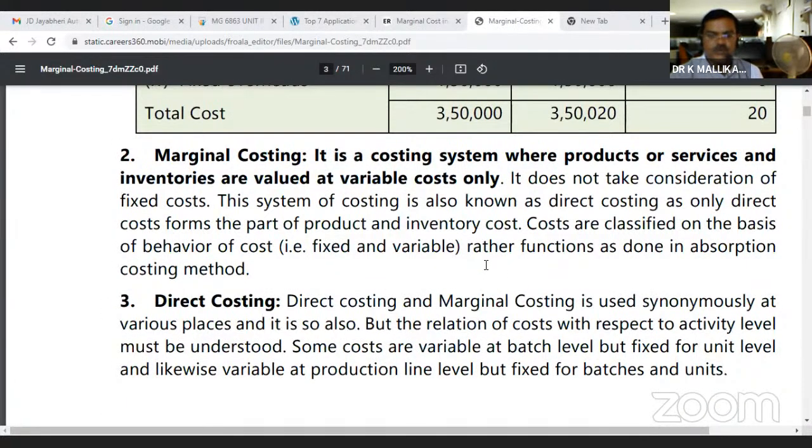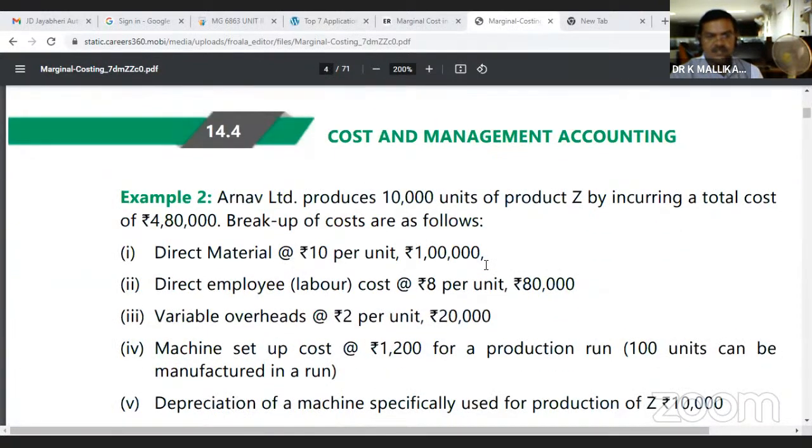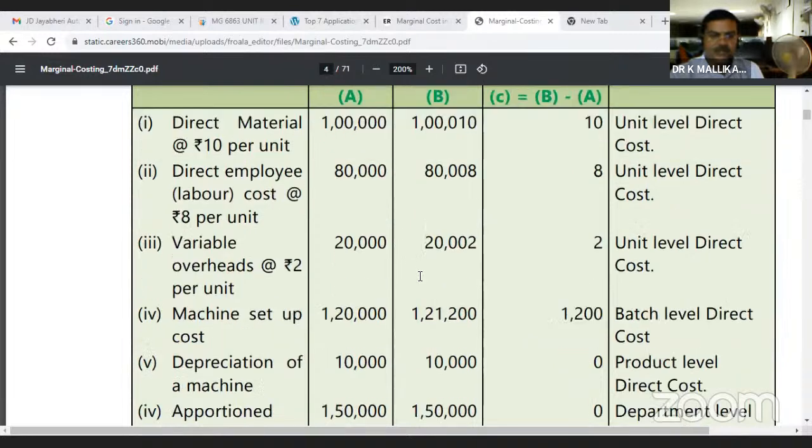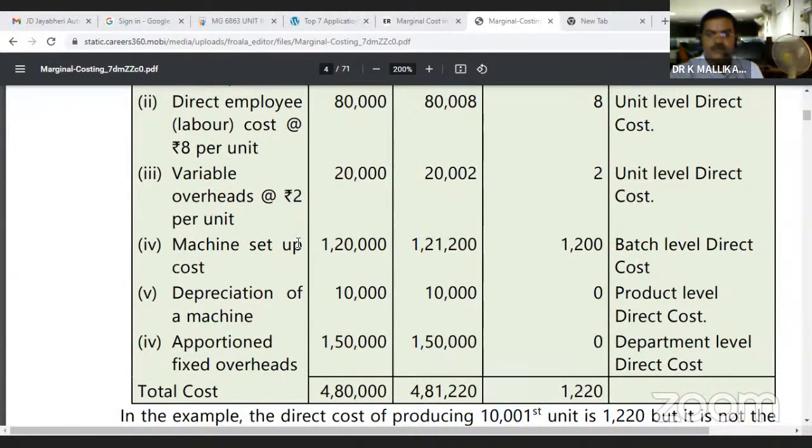Now before going further, let's understand what is direct cost and what is indirect cost. Direct costs are associated with production. If the production increases, the direct cost also increases. Direct cost means the cost directly participates in producing the products. You can see direct material, direct labor, and direct overheads, machine cost.